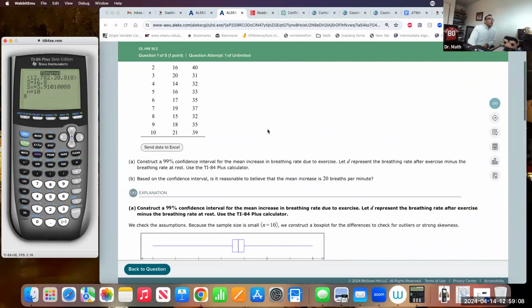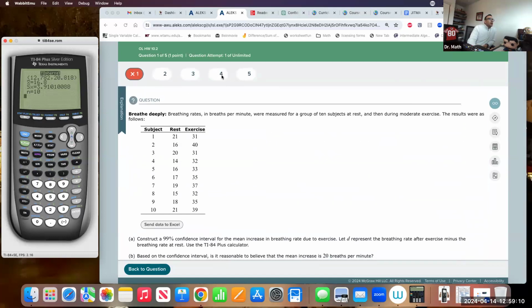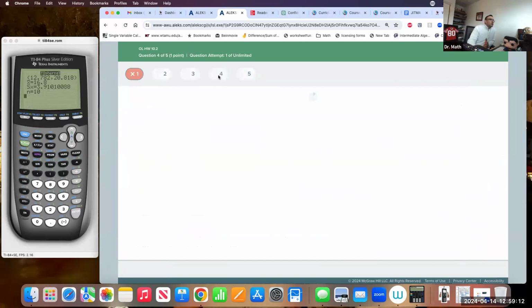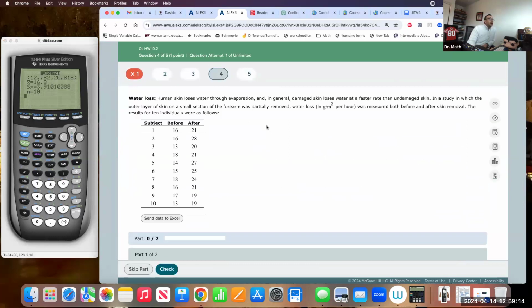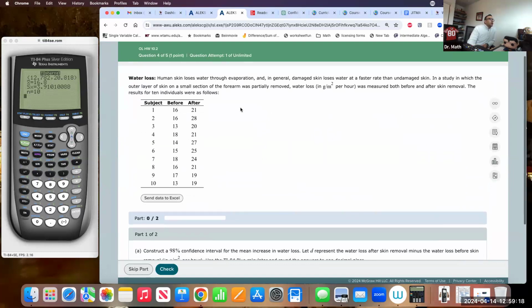All right. So again, just to highlight, let's look at another problem. We won't go through it all, but just to make sure what we're looking at. So here, human skin loses water through evaporation, and in general, damaged skin loses water at a faster rate than undamaged skin. I had no idea.